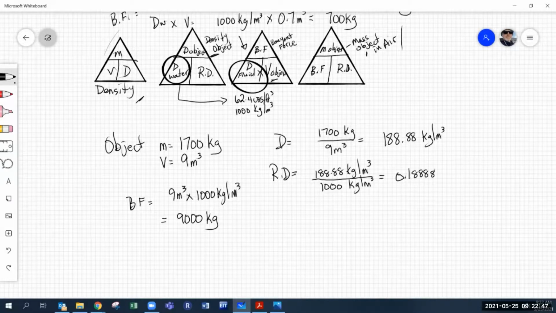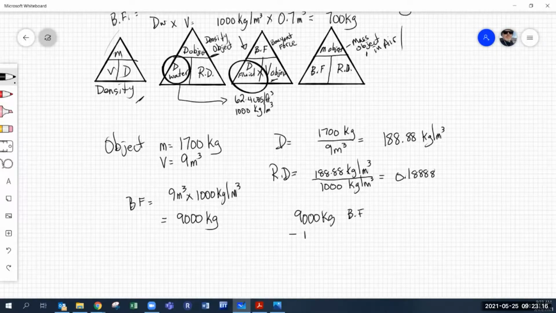Now, how much mass would it take for me to submerge this object underwater? Like how much force do I have to push down on this object to get it to sink? Anybody know? Well, first off, I have 9,000 kilograms of buoyant force.